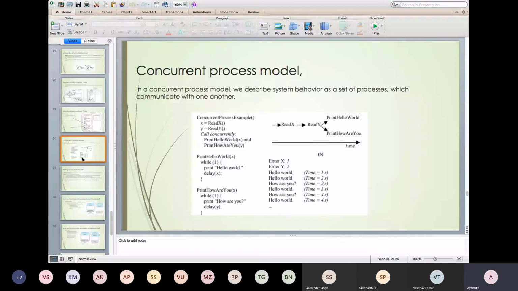When you have started this concurrent process C, you have only read X and read Y, and you have passed these values to your print hello world X and print how are you Y. You have passed these values to these two subprograms, that's all. These two processes, print hello world and print how are you, running concurrently, are not exchanging anything at runtime. They are not sharing anything.